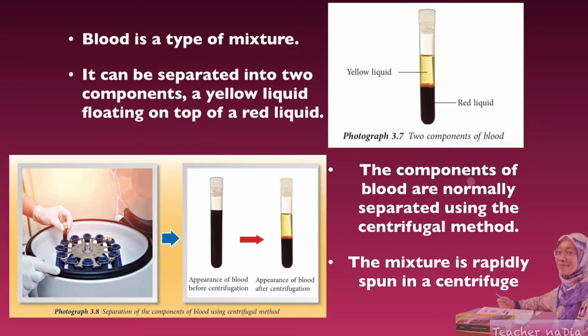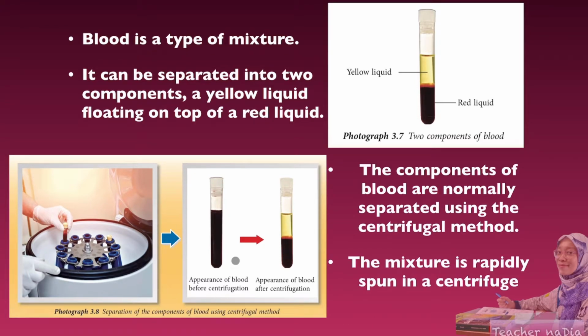The components of blood are normally separated using the centrifugal method. Photograph 3.8 shows the process of the centrifugal method. In this process, the mixture is rapidly spun in a centrifuge.